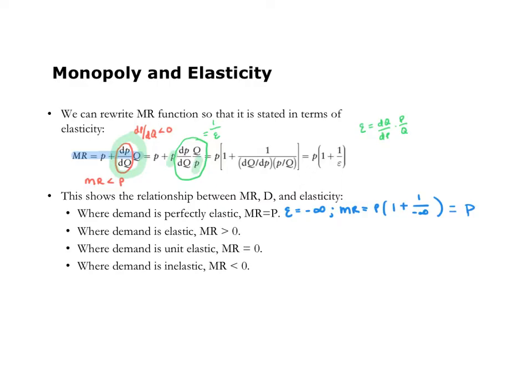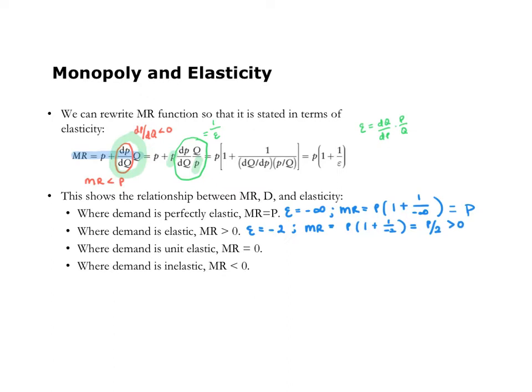Now let's consider an example where demand is elastic. For example, if epsilon is minus 2. In this case, marginal revenue equals price times 1 plus 1 over minus 2, which will give us a marginal revenue equal to price divided by 2, which is positive.